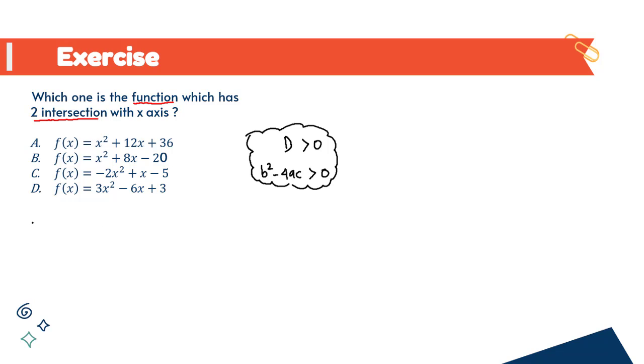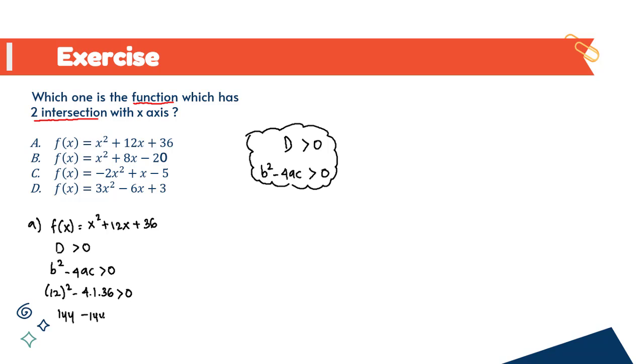Now you have to try the options one by one. For the first option, f(x) is equal to x squared plus 12x plus 36. D is greater than 0, and we can do a substitution using the first option's function. And we will get 0 is greater than 0. This is not the answer.